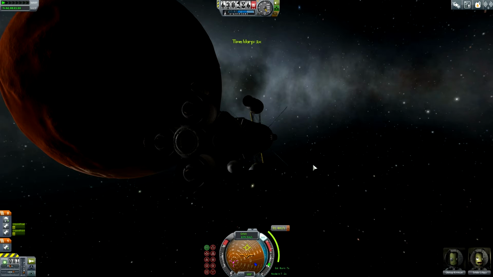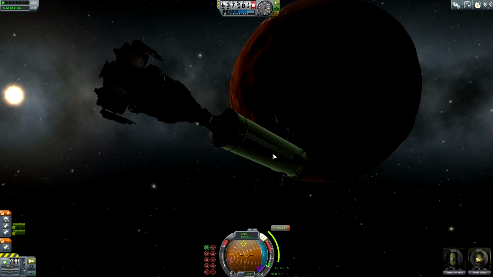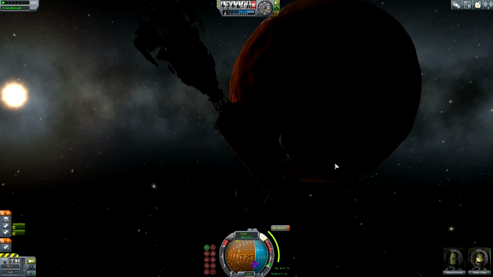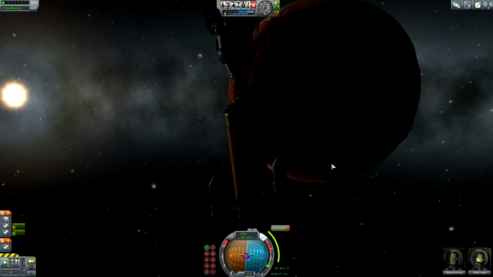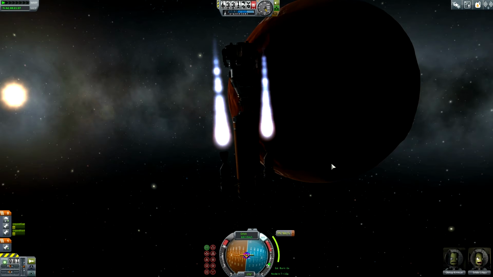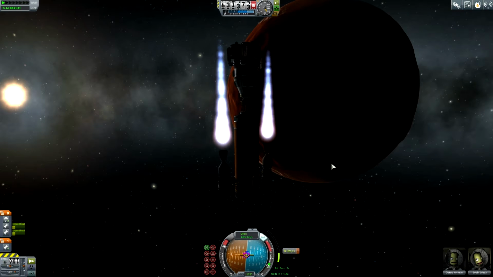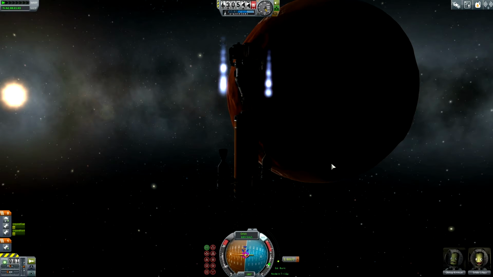Don't overshoot. Okay, I overshot just a little bit, but this should not be so much of a problem. Okay, time for the next burn. Very good, very good. And cut the engine.